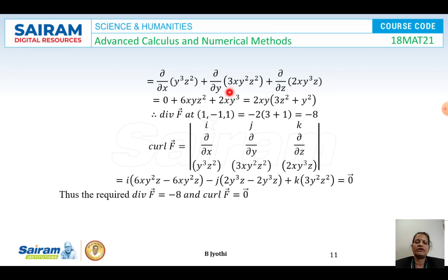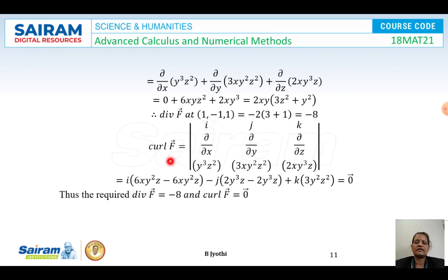And the next term will be 6xy z square plus 2xy cube. By taking 2xy outside, 3z square plus y square. And they have also asked to find it at the point (1, minus 1, 1). On substitution we get minus 2 of (3 plus 1), which is minus 8.